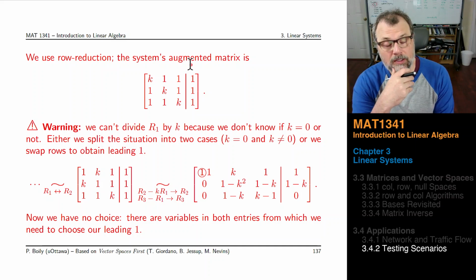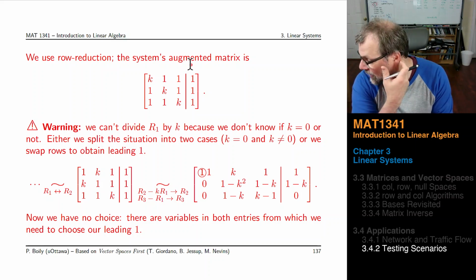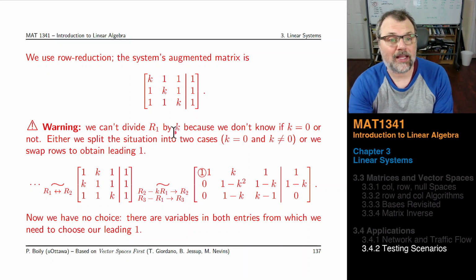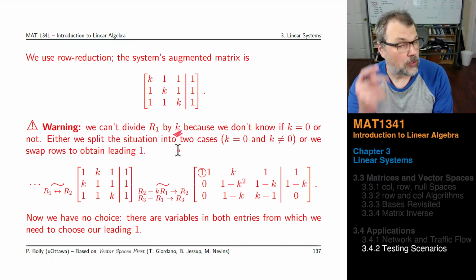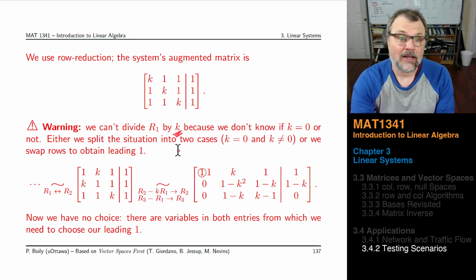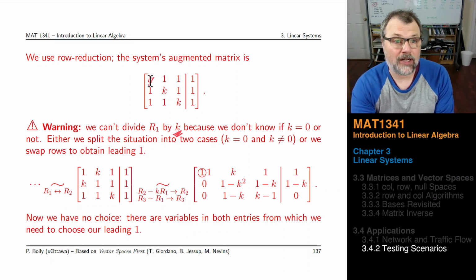The problem right off the bat is that you can't divide rows by k, because you don't know if k is equal to 0 or not. If you try to divide row 1 by k, the idea would be to have k over k, which is 1, then 1 over k, 1 over k, 1 over k.